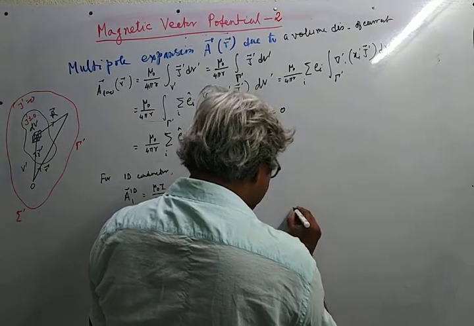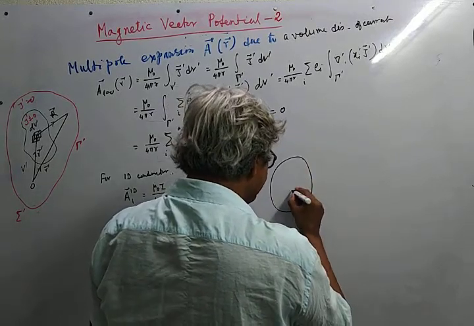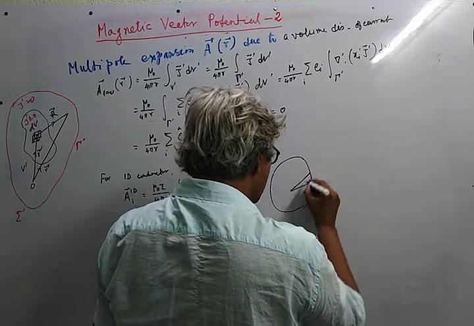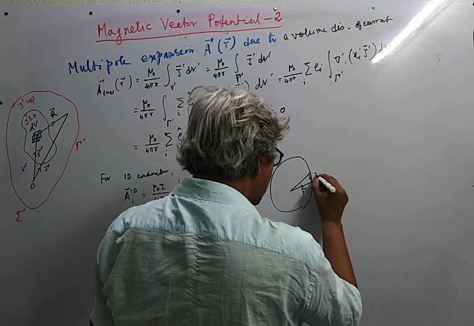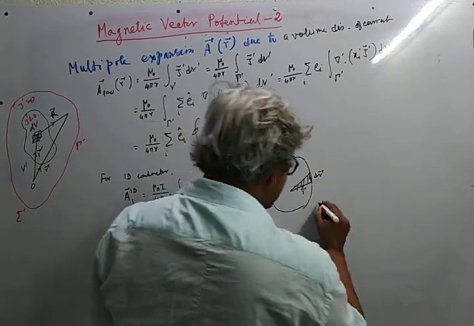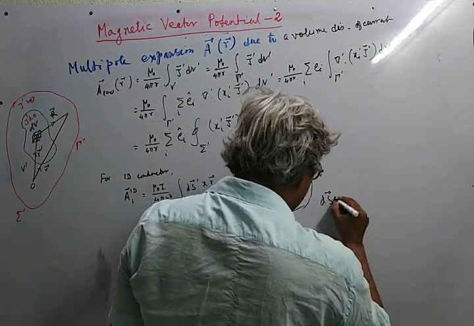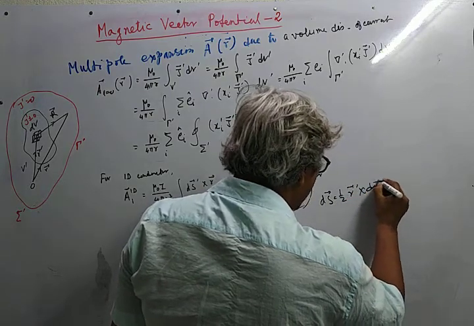So if we consider this is the part of the loop, this is r prime and this is dr prime. So ds prime is this area, so ds prime is equal to half r prime cross dr prime.